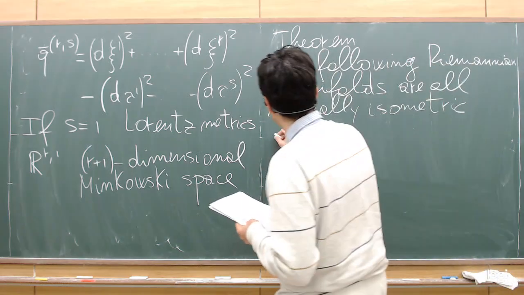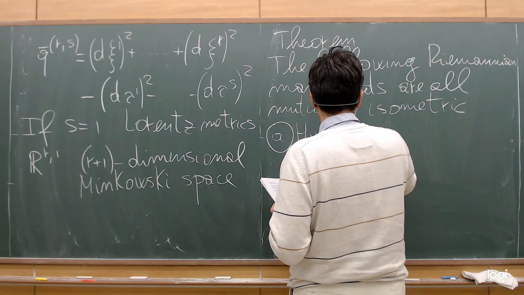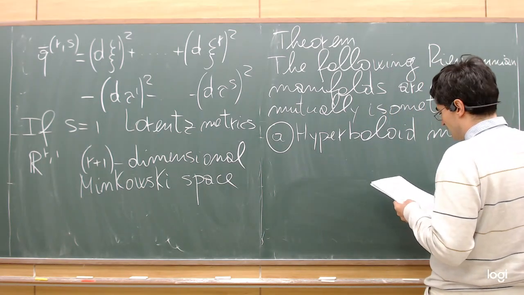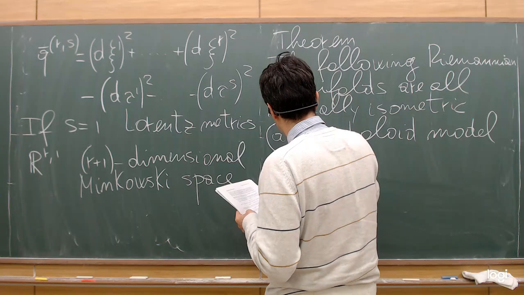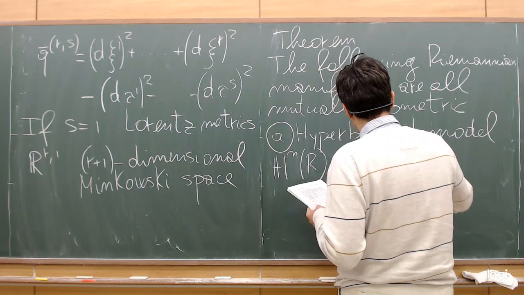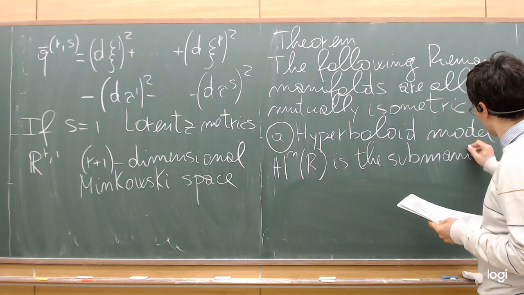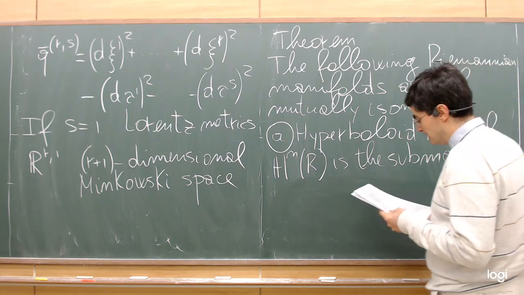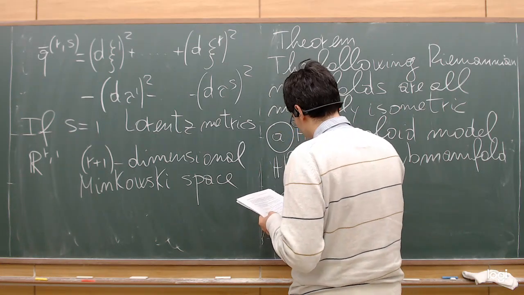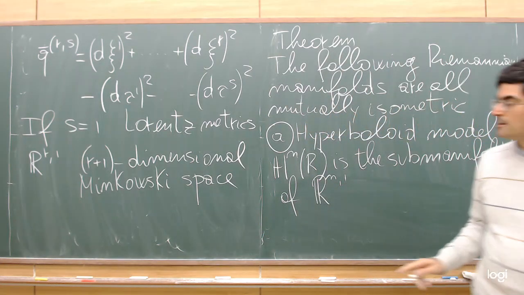The first model is known as hyperboloid model. It is the submanifold of R^(n,1), so we are using this notation here.